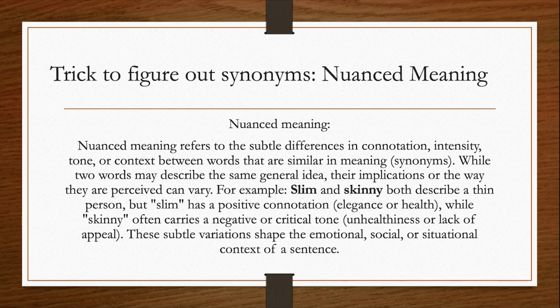And these are known as nuanced meanings. Whereas the word clever carries a positive connotation, the word cunning carries a negative connotation. The same is happening in this particular example of slim and skinny. The word slim has a positive connotation, whereas the word skinny has a negative connotation.